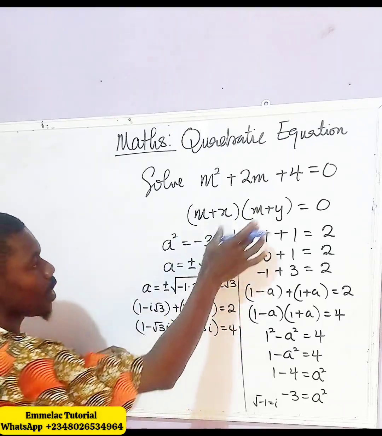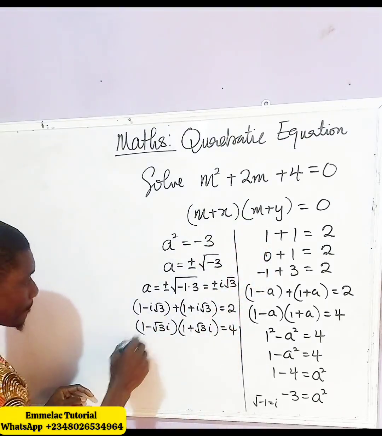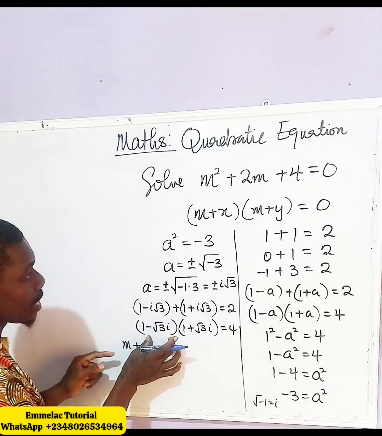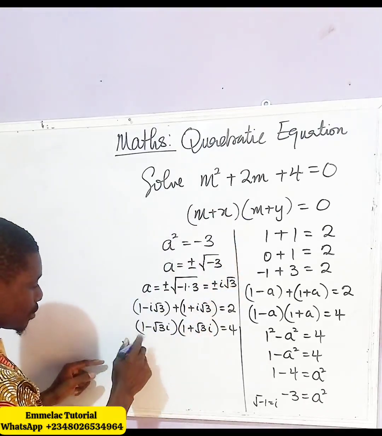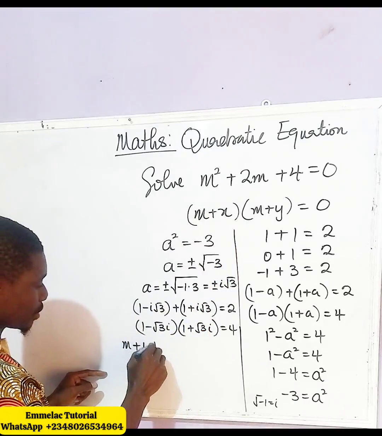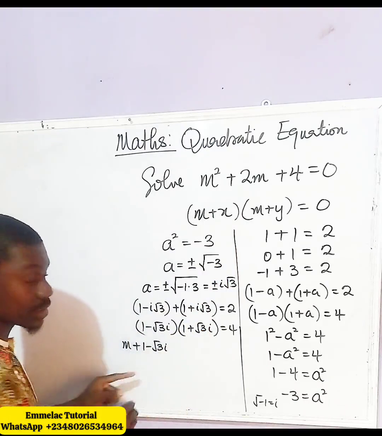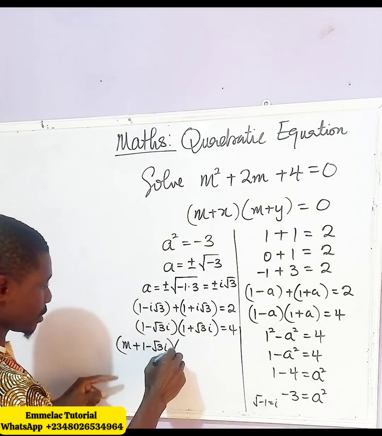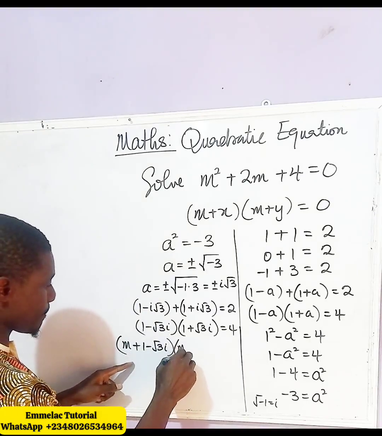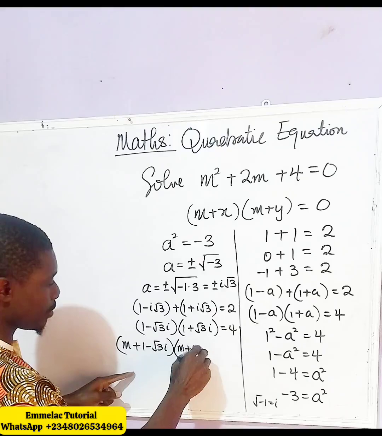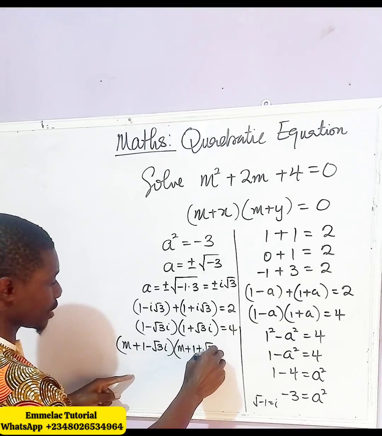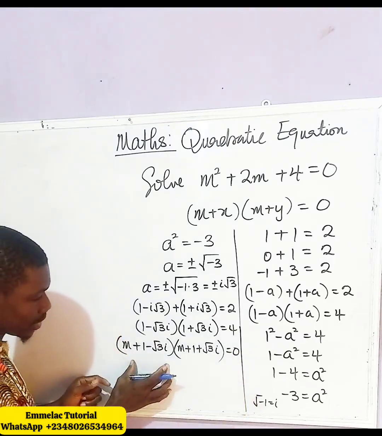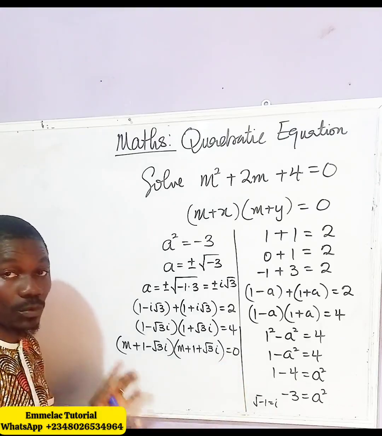So at this point, we have m plus 1 minus the square root of 3i, into m plus 1 plus the square root of 3i, equals 0. This means either of these terms, or each of these terms, equals 0.